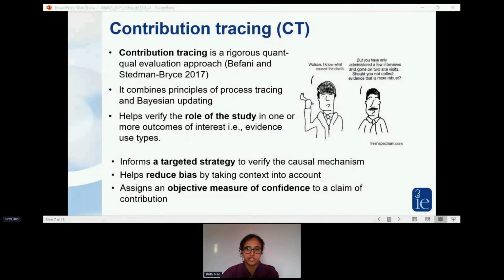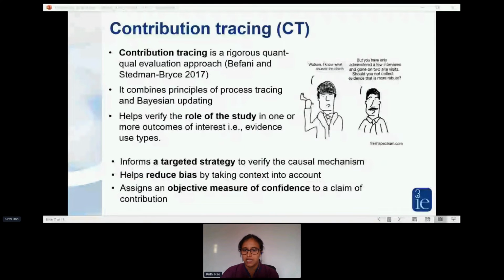We began to use contribution tracing in 2018 for cases where we did not have an evidence user's clear and self-evident testimony. Typically for grants or research projects that had closed some time ago, we went back and tried to verify the contribution of 3ie-supported research.